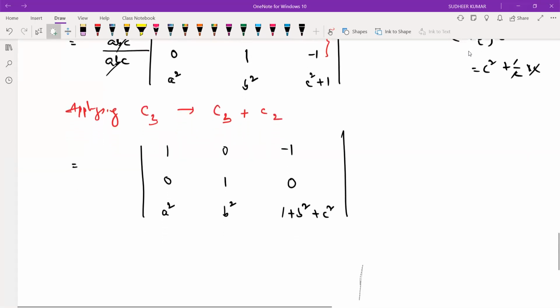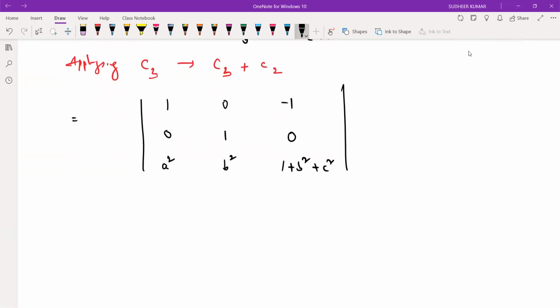Now expand this. So utmost number of zeros we got in second row, right? So expanding along R2, then we can write it as minus 0 times of the determinant, which is 0 only. Or if you want, you can write it: delete this row and column.